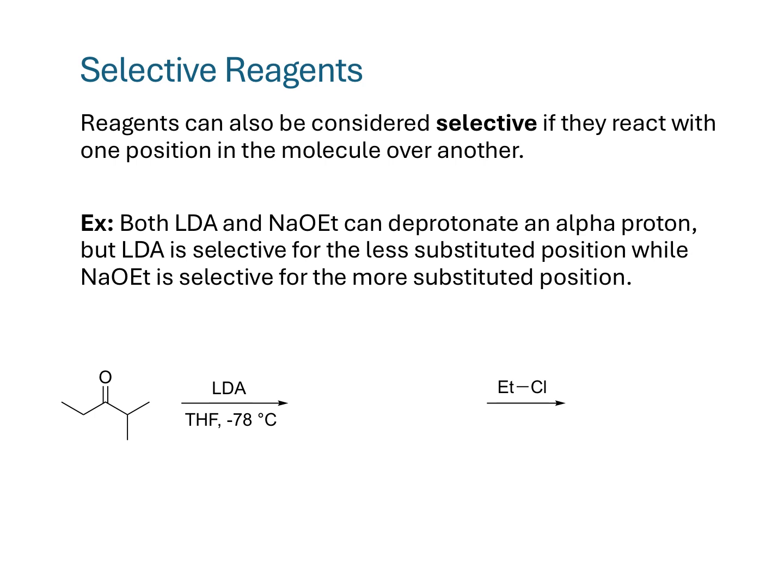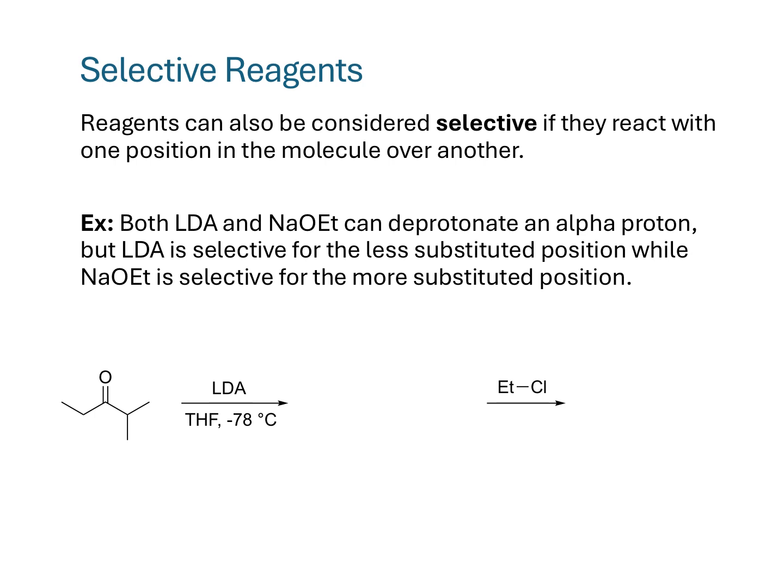Now let's expand our definition of selectivity just a little bit. So we've been looking at it in the context of two or more functional groups in a molecule. But we can also consider a reagent selective if it reacts at one position in the molecule over another potential position. So, for example, we have alpha carbons that can form enolates when reacted with base.